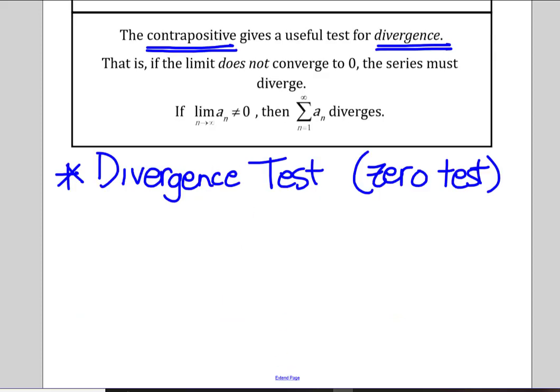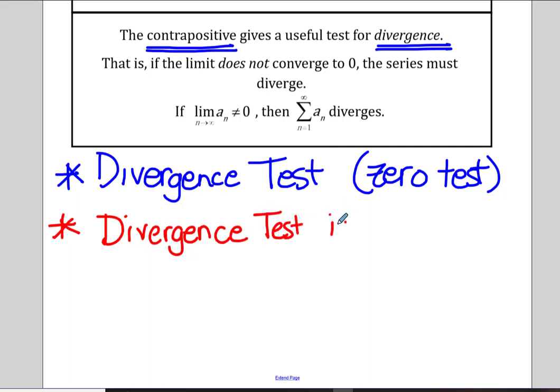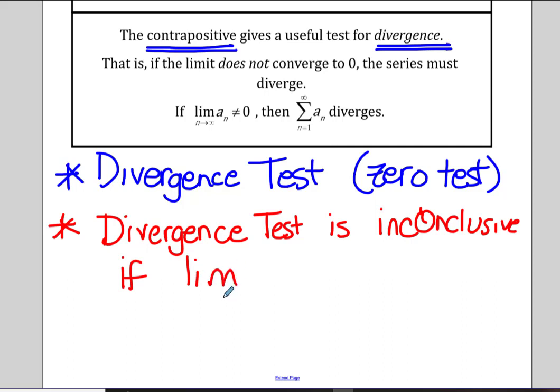That contrapositive basically says, if the limit does not converge to 0, the series has to diverge. One important piece of information that I want you to remember is that this test, the divergence test, is inconclusive if the limit as n approaches infinity of a sub n is 0.